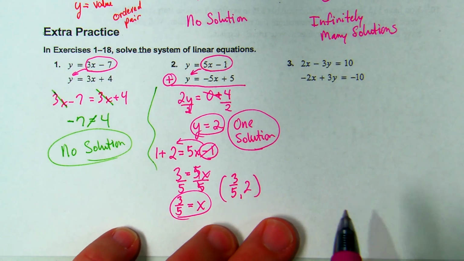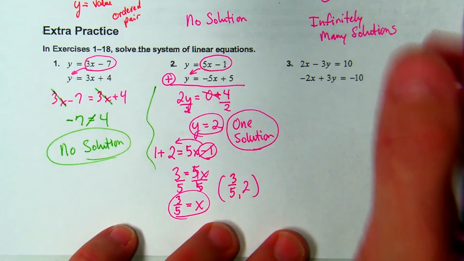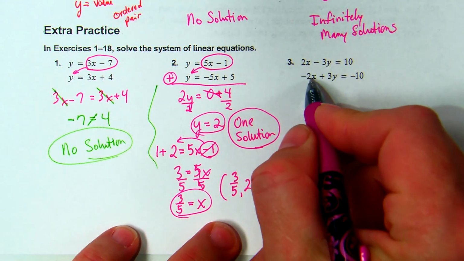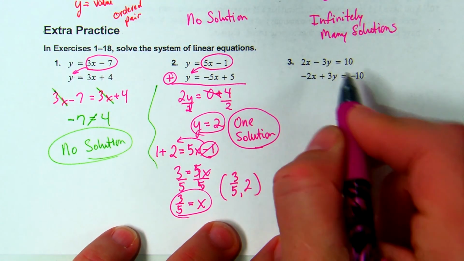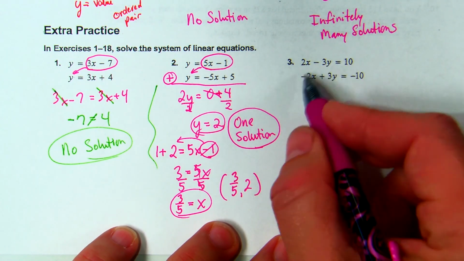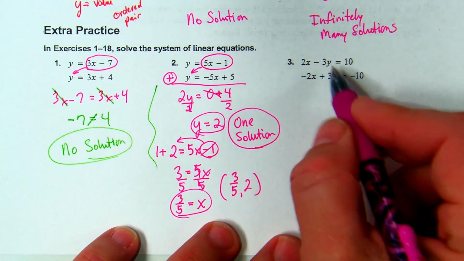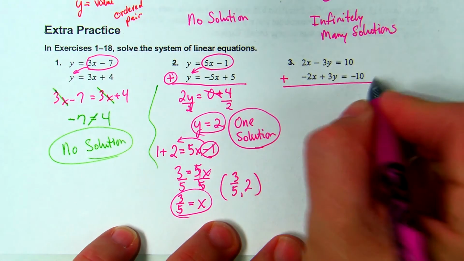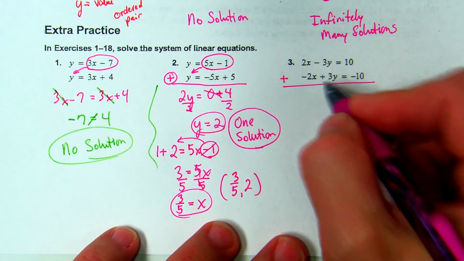Okay, on to number 3. Again, I like the way this looks because I've got the same coefficient in front of the x terms, the same one in front of the y terms, and although they're opposite signs, I can eliminate something at least here. I'm going to add these two together because they're opposite signs, and actually both cases are opposite signs.